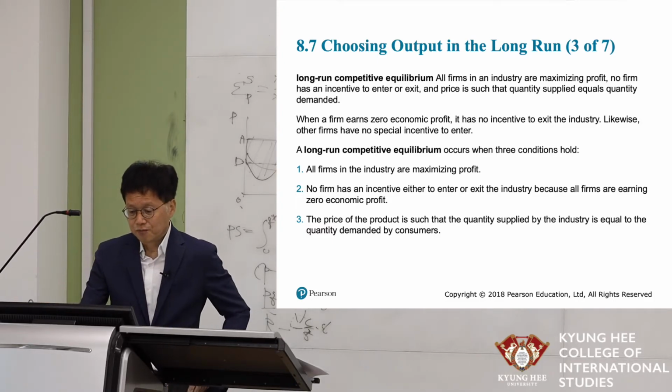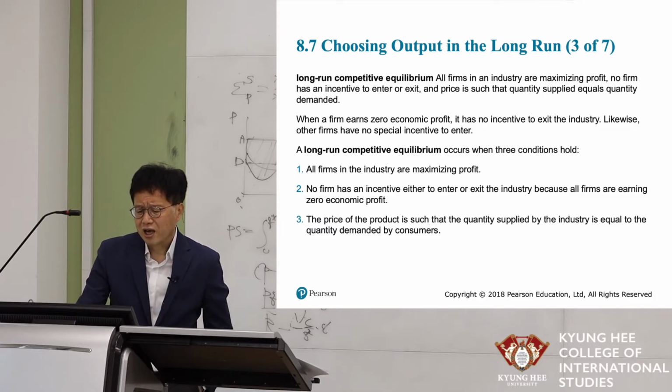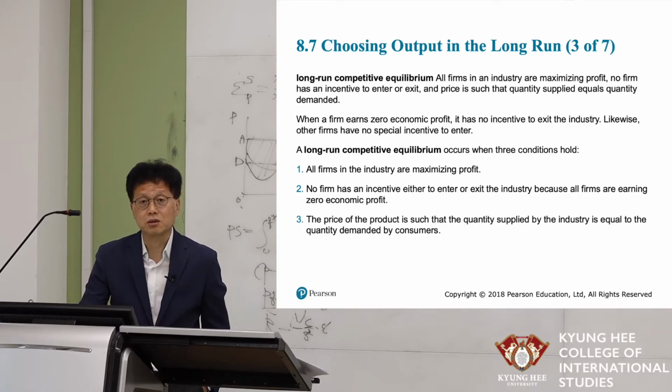So free entry and exit means zero economic profit in the long run. When a firm earns zero economic profit, it has no incentive to exit the industry. Likewise, other firms have no special incentive to enter. So free entry and exit means zero economic profit, basically.